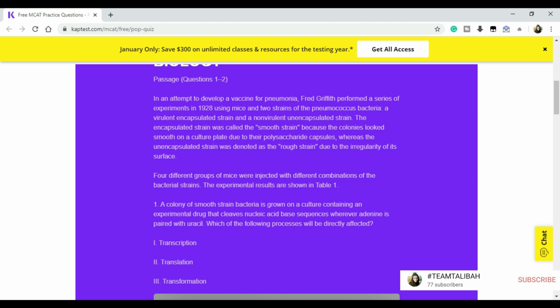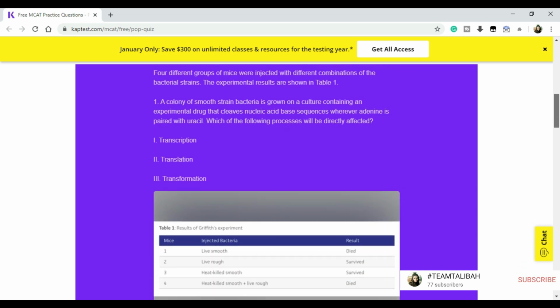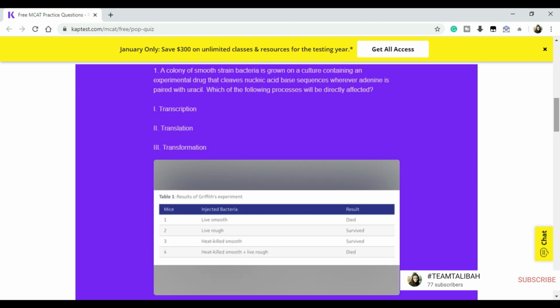Going into transcription, translation, transformation, we all know that bacteria doesn't have a nucleus, it only has a round circle of DNA, right? Transcription, translation, and transformation are all ways the DNA functions within any living organism. So we're going to give this a try from the background knowledge that I have.